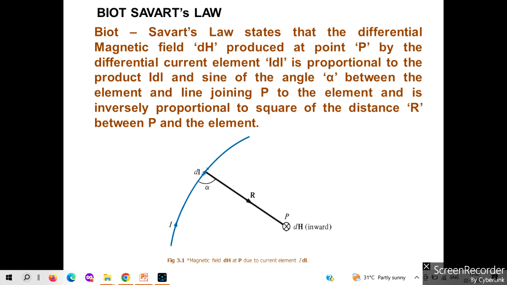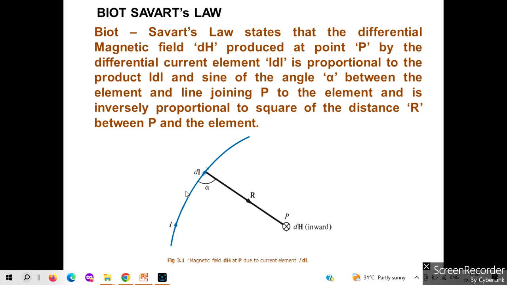Here what it explains is that we have a current element, which is shown in the blue color. This is the current element where the current I is flowing, and due to this current element we have some magnetic field due to this flow of current.